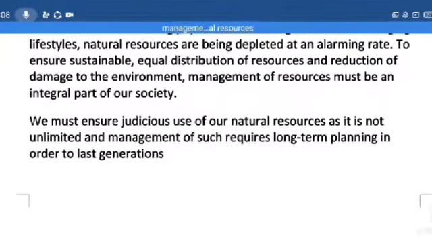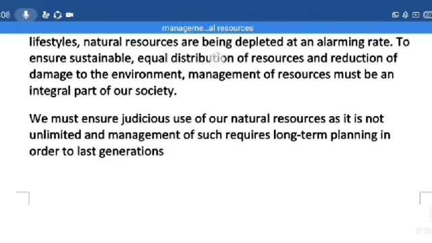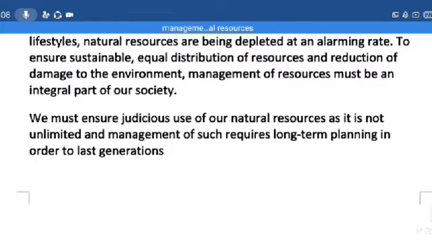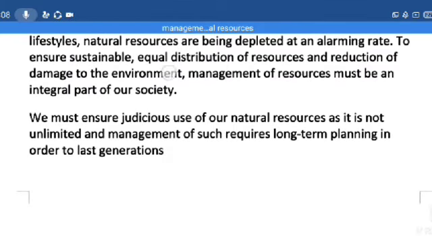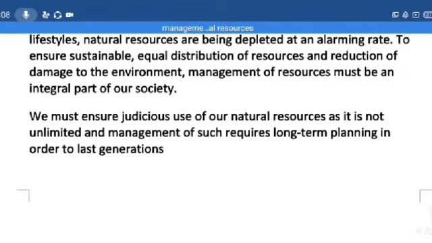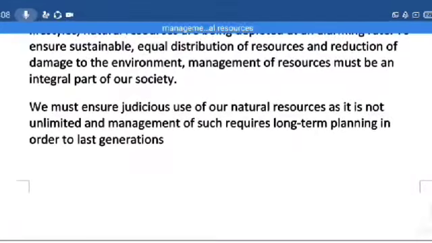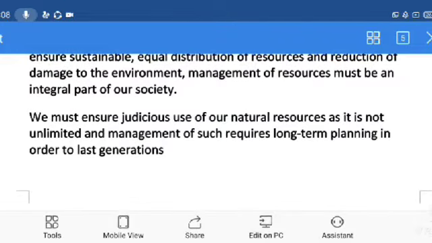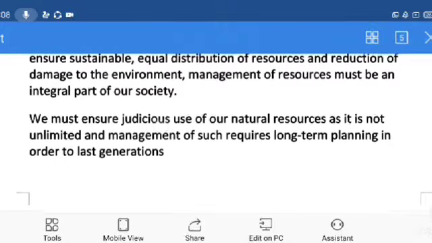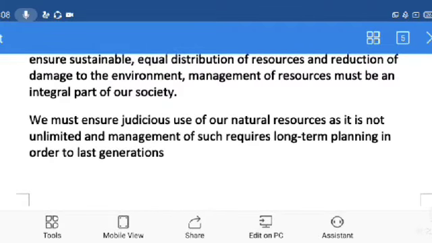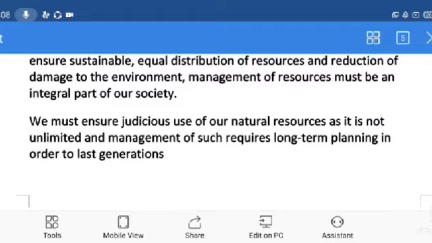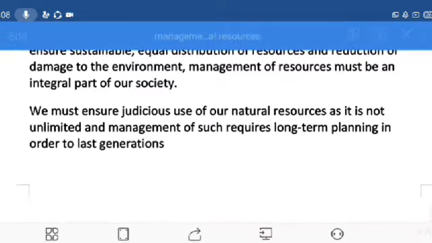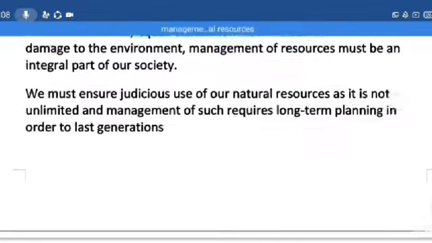To ensure sustainable, equal distribution of resources and reduction of damage to the environment, management of resources must be an integral part of our society. We must ensure judicious use of our natural resources as they are not unlimited, and management requires long-term planning in order to last for generations.